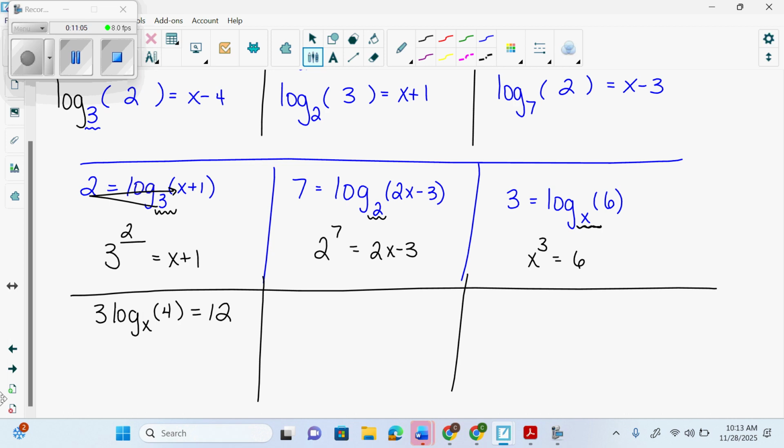It's multiplying. So how do we move it over? Divide. So now we get log base x of 4 equals 4. Correct? And then can I convert it now because there's only 3 pieces of information? Yeah, it's going to be x to the 4 equals this 4.